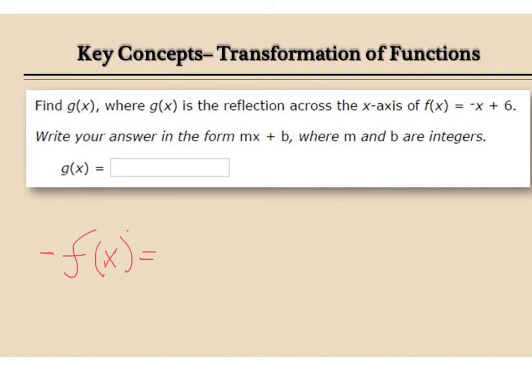It is the opposite of the f of x. So all I'm doing is changing the sign of everything. So g of x becomes the opposite of those. So I'm going to have x minus 6.